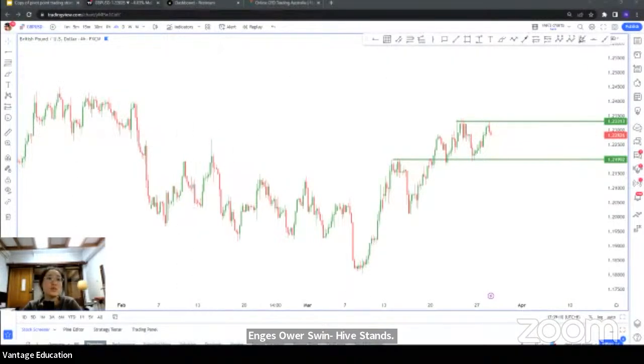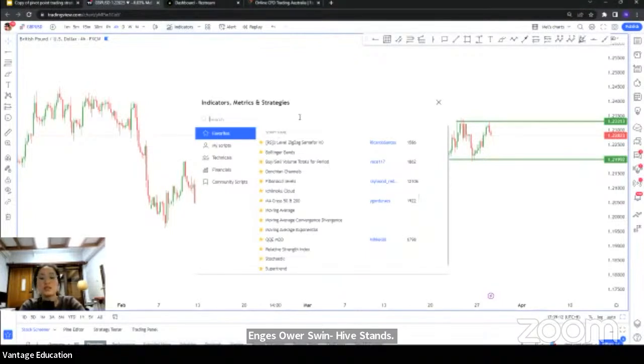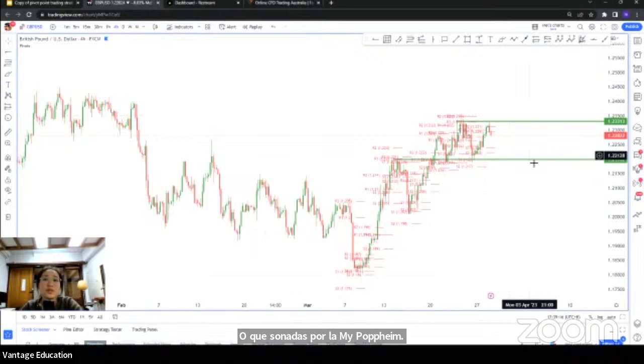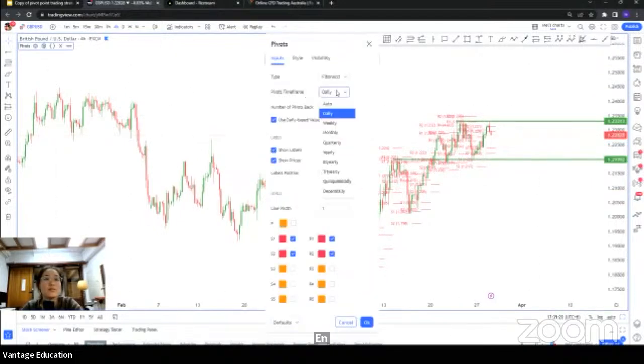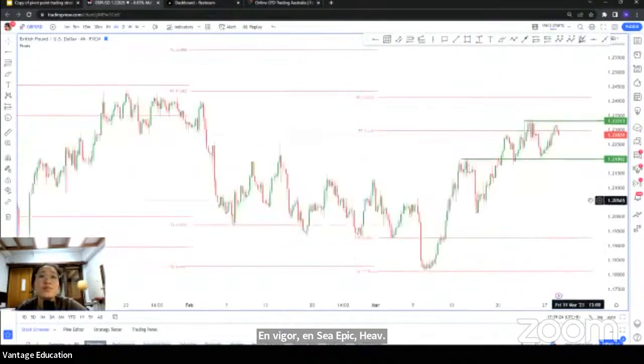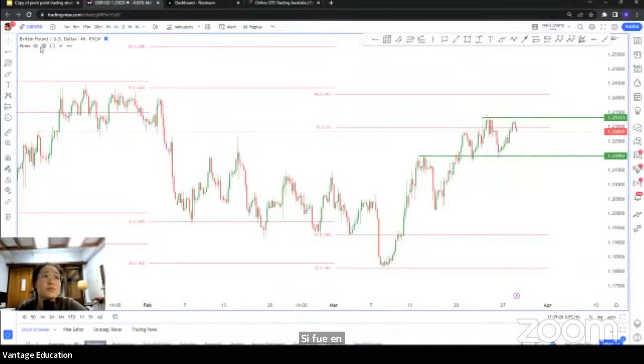Okay, so now let's pull out my pivot point indicator and see if we have any other levels.